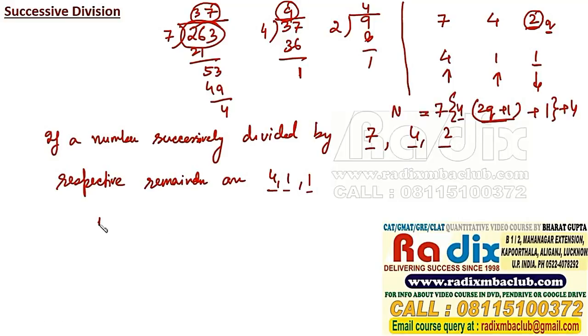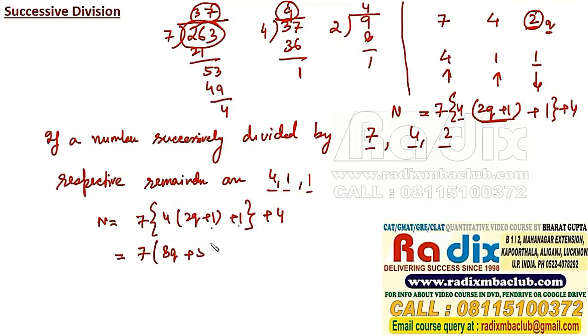Now our number is 7(4(2q + 1) + 1) + 4, right? Multiplying this, 7(8q + 4 + 1) + 4, then 56q + 35 + 4, or we can write it as 56q + 39.